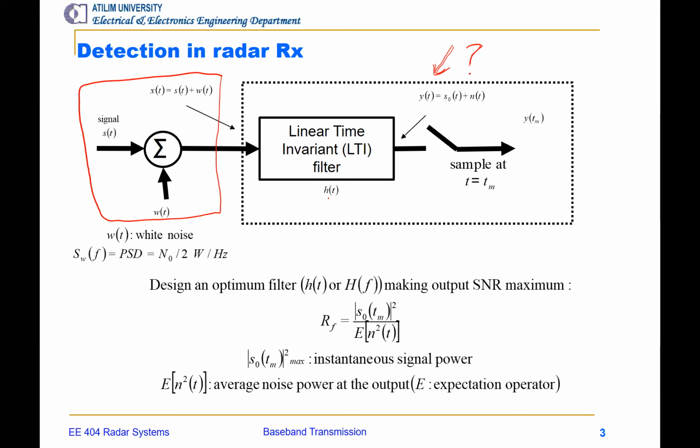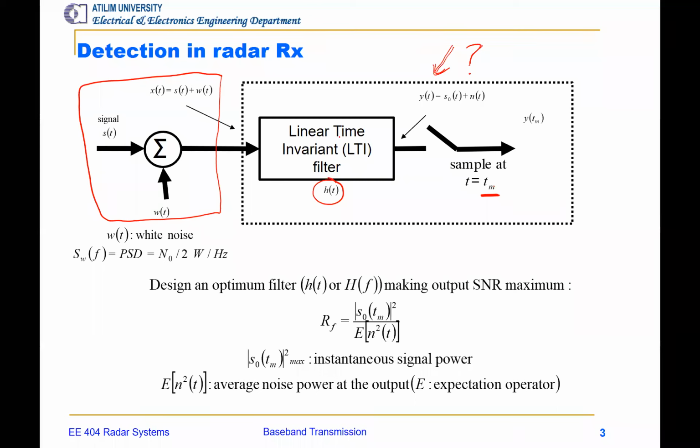Here you see we model the receiver as a filter, a linear time invariant filter, whose impulse response is h of t. And a sampling process follows this LTI filter and takes samples at every TM.